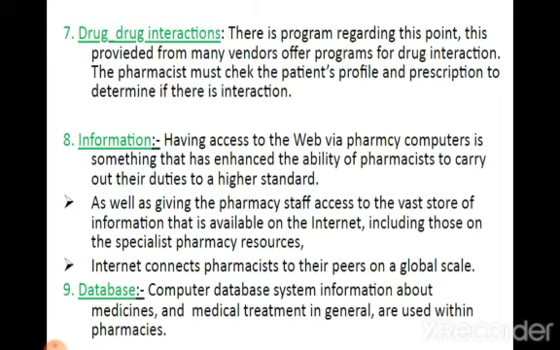Eighth one, information. Having access to the web via pharmacy computers is something that has enhanced the ability of pharmacists to carry out their duties to a higher standard, as well as giving the pharmacy staff access to the vast store of information that is available on the internet, including the specialist pharmacy resources.